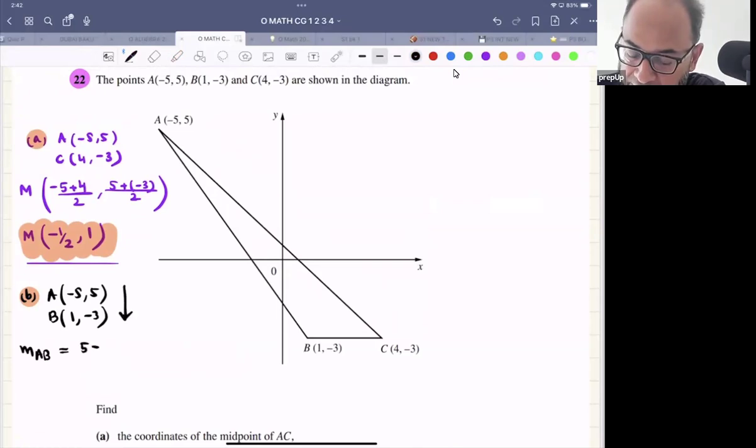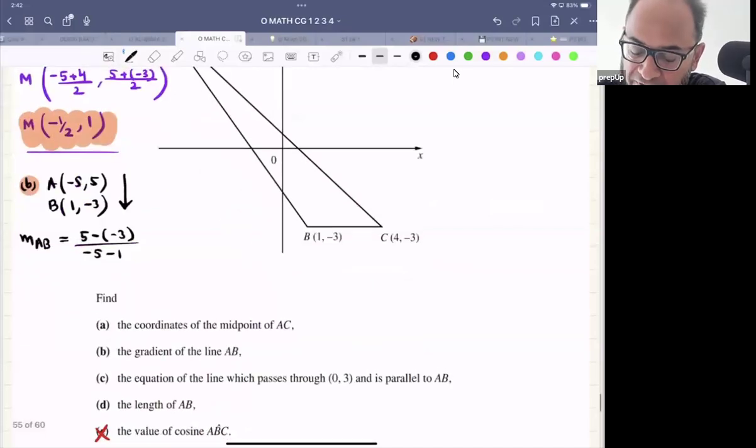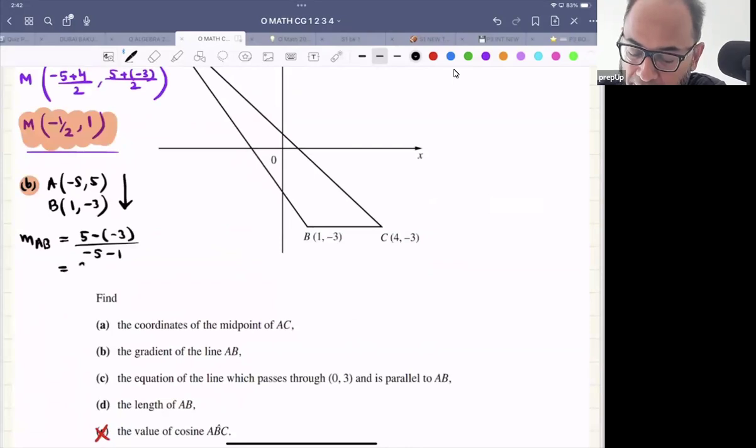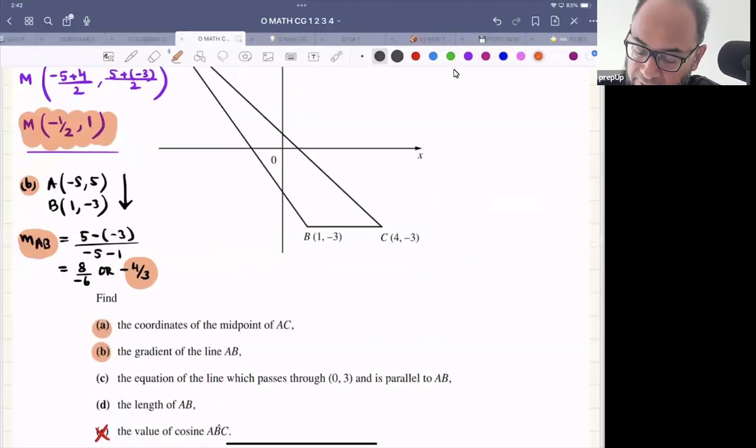That is 5 minus 3 divided by minus 5 minus 1. So 5 minus 3, that comes out to be 8, and minus 5 minus 1 is negative 6. That comes out to be negative 4 over 3. So this is part B, that is the gradient of AB. So part A is done, and then part B is done.